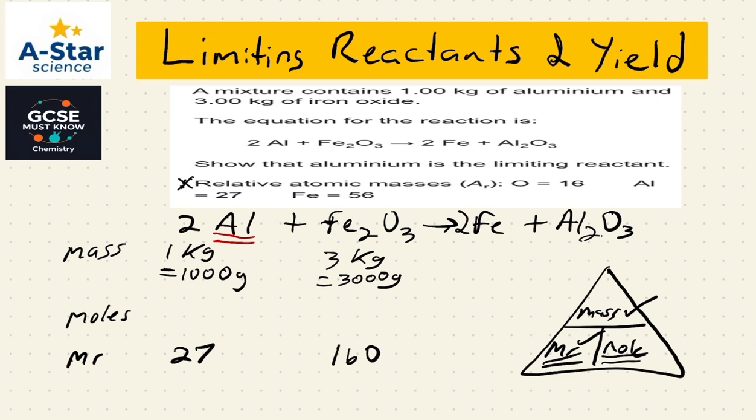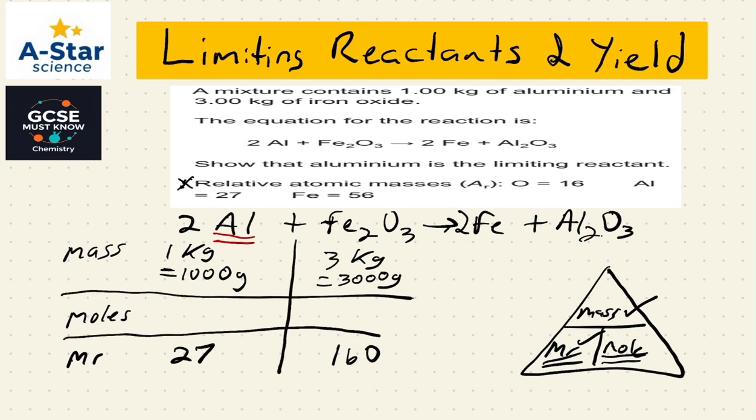Now you can see why I call this the table method, because things are being laid out in a table form, and it helps to organize all of your information, and also makes it much easier for teachers to understand and see where they can give you marks. Everything is nicely signposted. So to find the moles, we need to do the mass divided by the Mr.